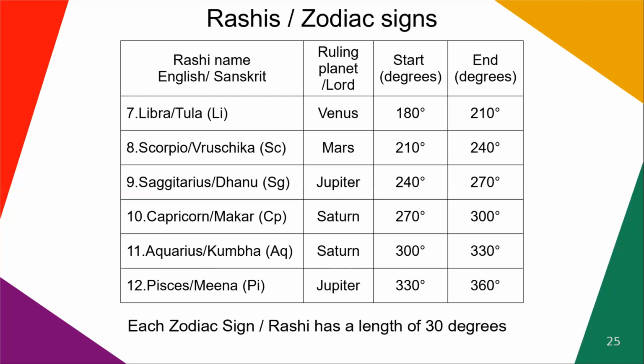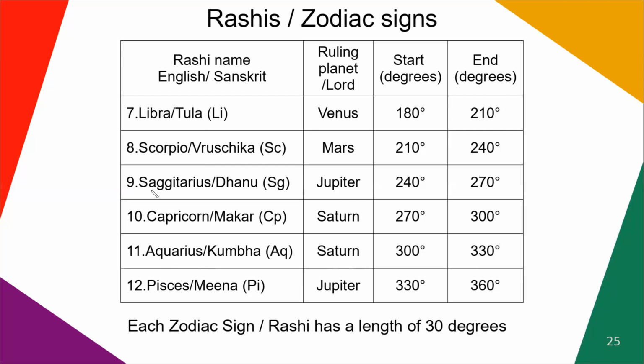Mercury rules Rashi number 3 and 6, Gemini and Virgo. Venus rules Rashi number 2 and 7, that is Taurus and Libra. Mars rules Rashi number 1 and 8, that is Aries and Scorpio.